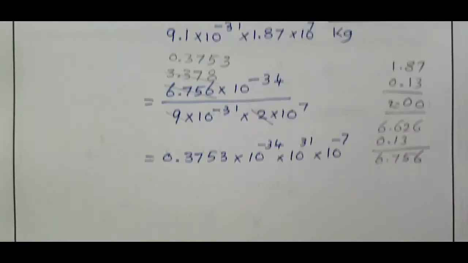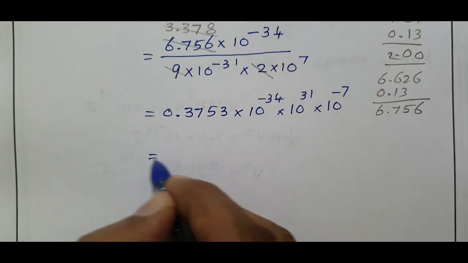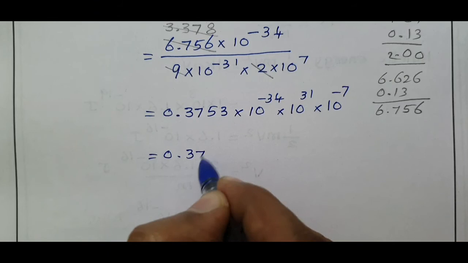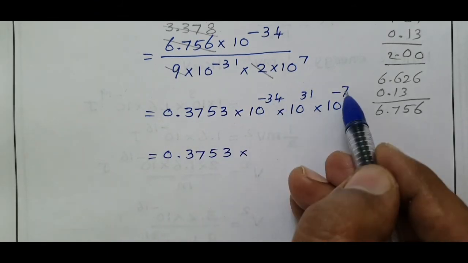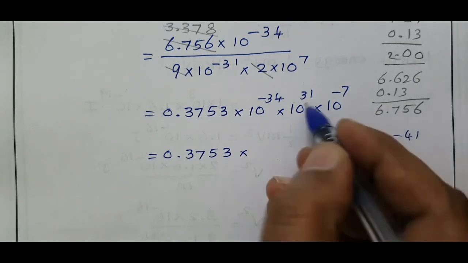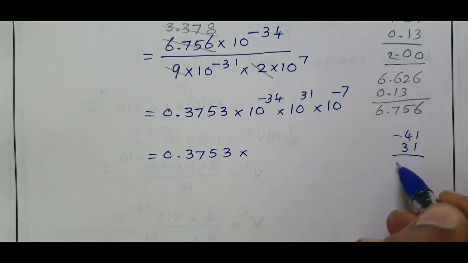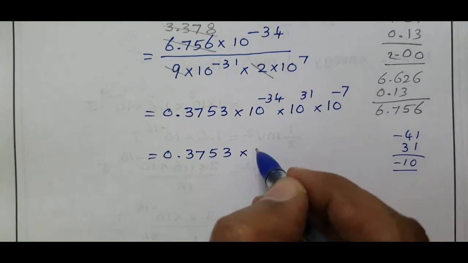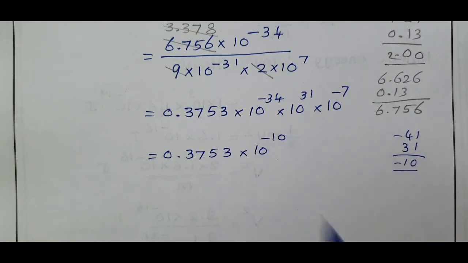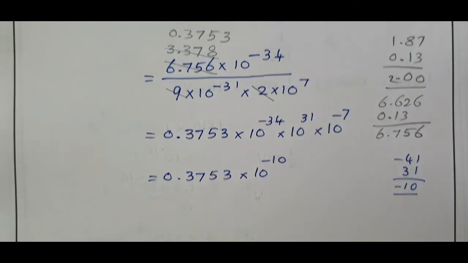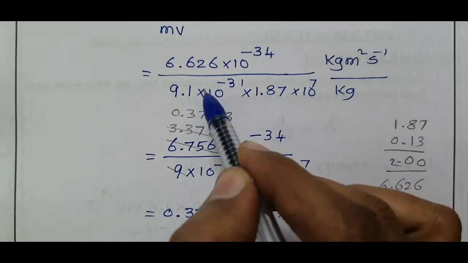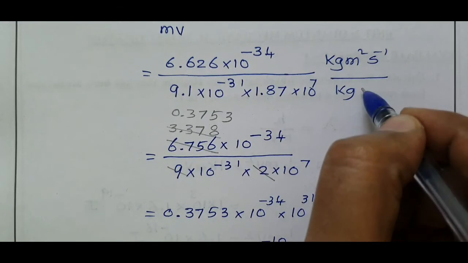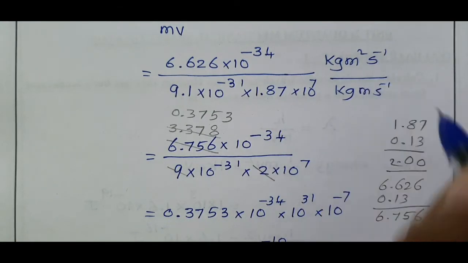That is equal to 0.3753 into 10 power minus 41, isn't it? Minus 41. This is plus 31. When you subtract, you get 10 power minus 10. And in the unit cancellation, kilogram is the unit of mass and velocity has unit meter second power minus 1.